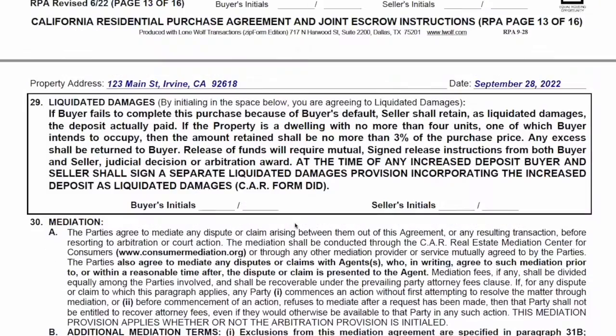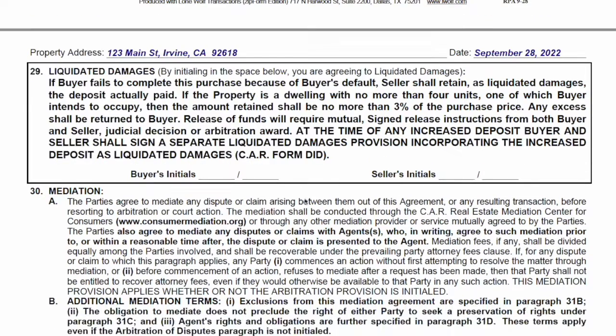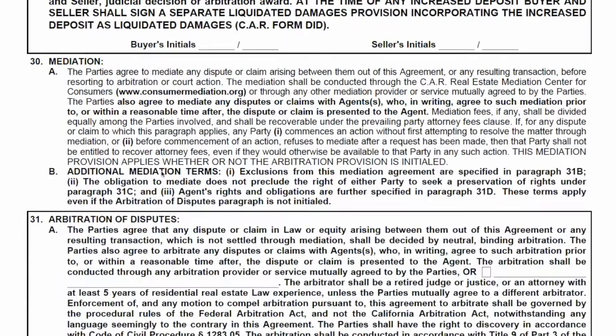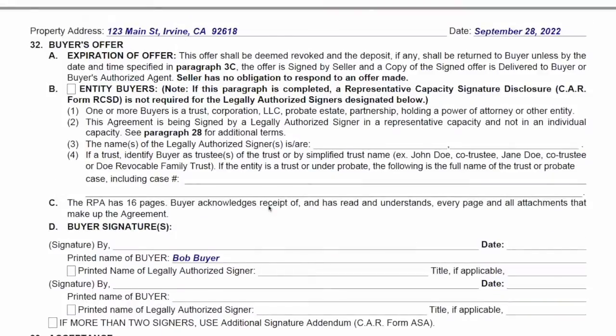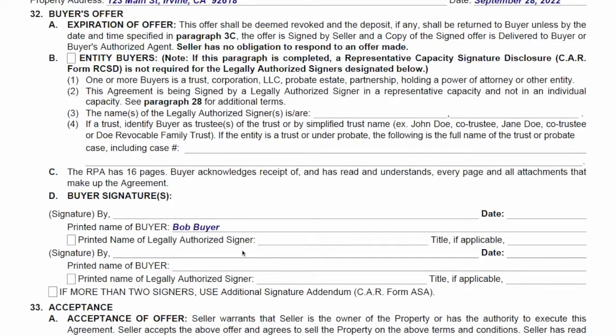So if I'm doing this on this page, 14 of 16, I'm going to have my buyer initial 3 places here, here, and here. And then I'm going to move on and have my buyer sign here. If it's a trust or LLC or corporation or whatever, an entity, let's call it an entity, as opposed to just an individual, I'm going to check this box here.